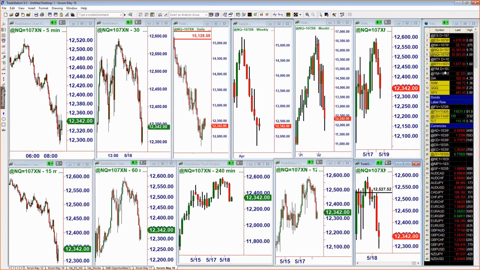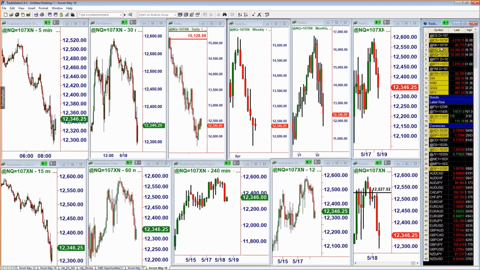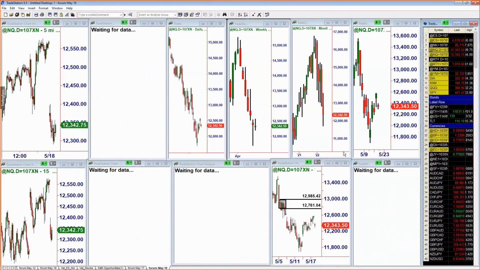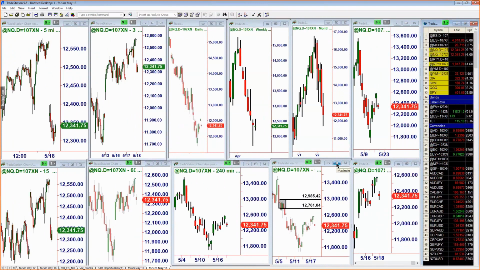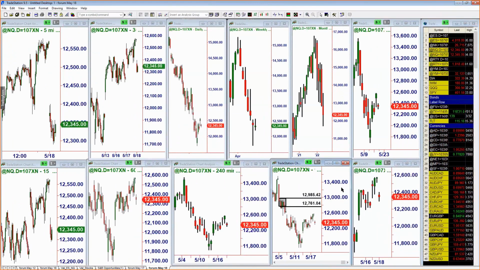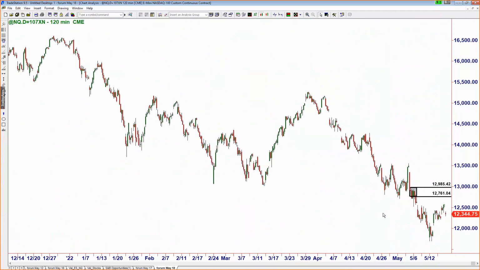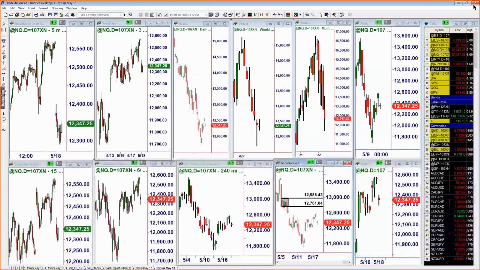And when we go to the day session chart of the Nasdaq, just like the S&P, we have a supply zone sitting just above in the 12,760 area. So there's that.